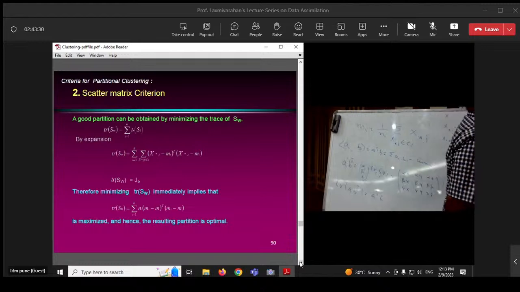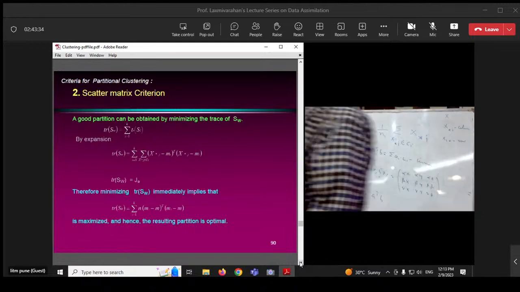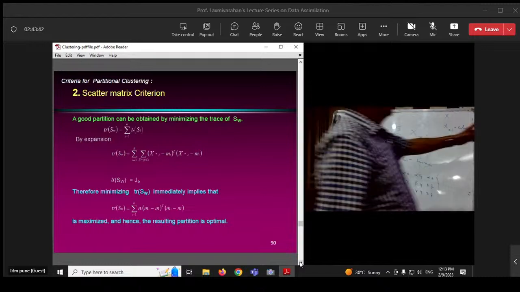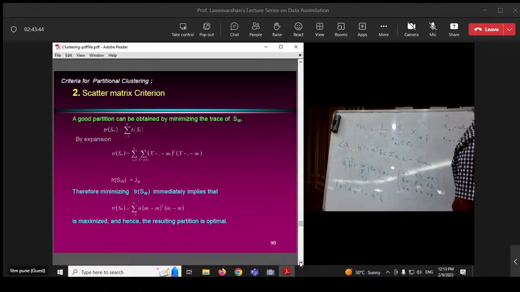Now, this trace of SW, I can use this as a criterion J. Are you with me, please? Therefore, minimizing the trace of SW implies maximizing the between.